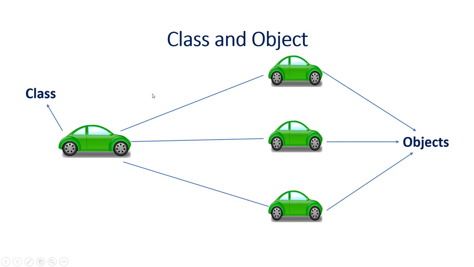Same is the case with buildings, for example. If you want to construct a building, we do not go and place the bricks and start constructing. First we hire an engineer and tell him to make a blueprint of our building, and according to that blueprint we construct that building.